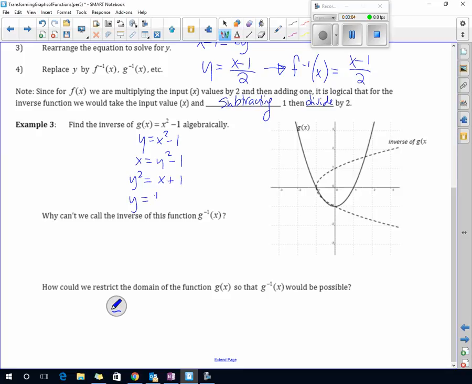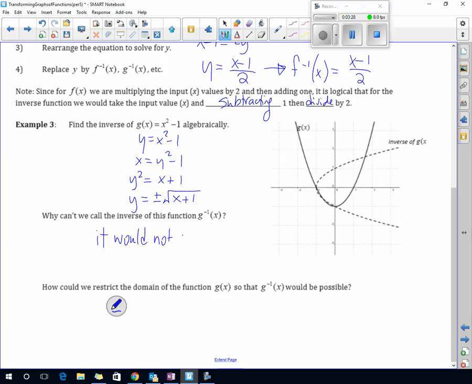We can't call this an inverse function because it would not pass the vertical line test. But we knew it wasn't going to pass the vertical line test, or it wouldn't be a function in the inverse, because it wouldn't have passed the horizontal line test.